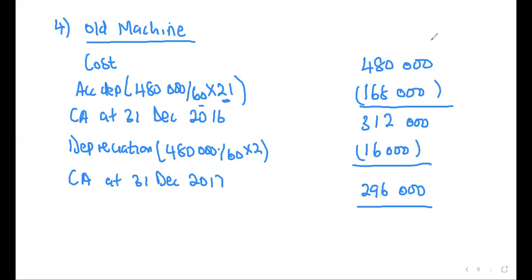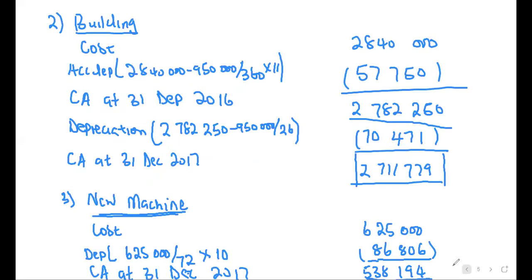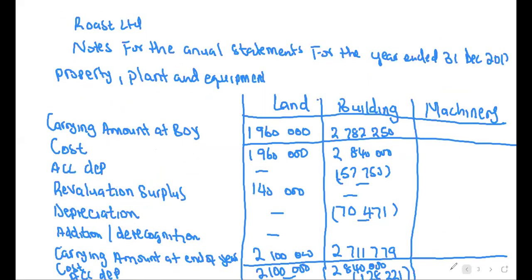So that is going to be the cost of the machine. We combine the two, the new machine and the old machine. So the cost is going to be 1,105,000.